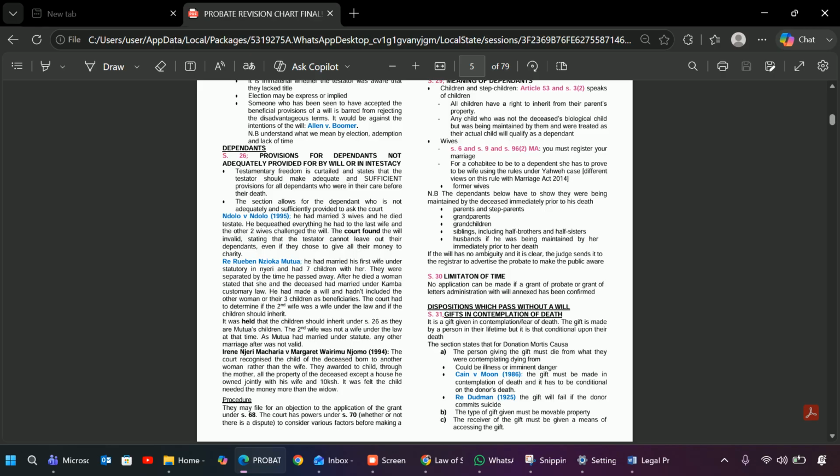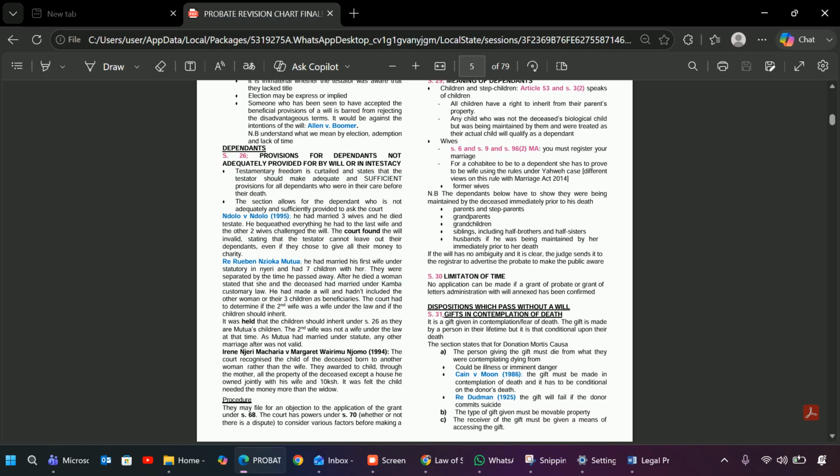And the court had to determine if the second wife was a wife under the law and if the children should inherit. It was held that the children should inherit under Section 26 as they are Mutua's children, and the second wife was not a wife under the law at that time, as Mutua had married under the statute. Any other marriage after that was not valid.